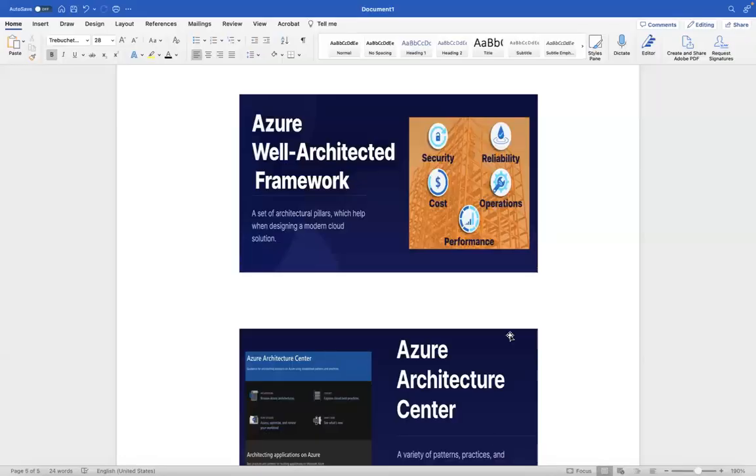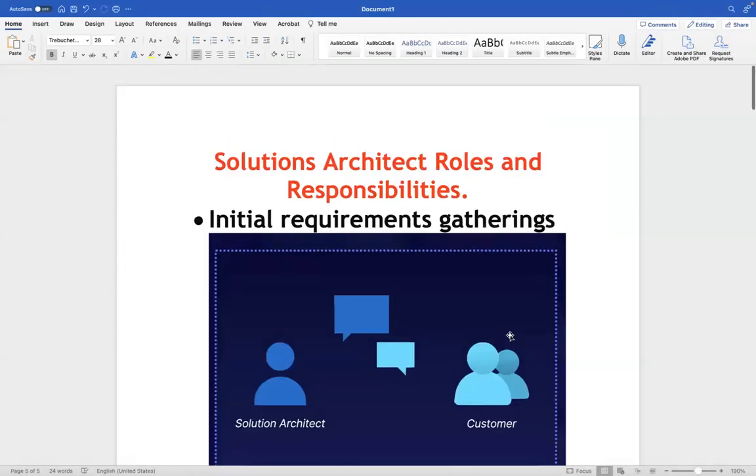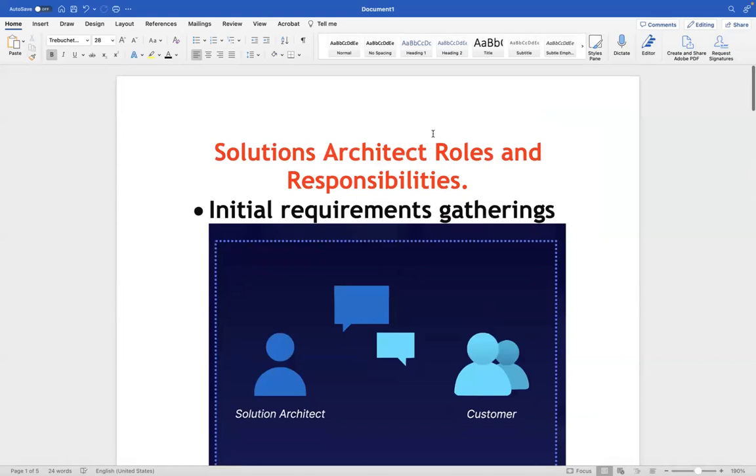So this little slide that I prepared, starting from here, says solution architect roles and responsibilities. Again, I wanted to chat with you about what it means to be a solution architect, about the role.